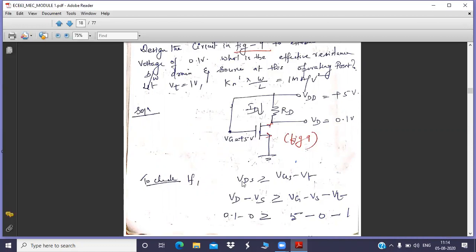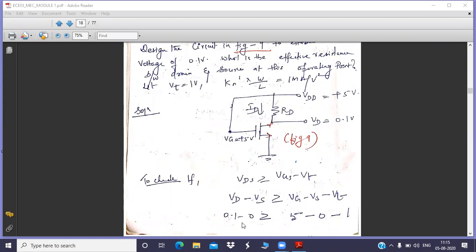From the circuit diagram, VD is 0.1 minus 0, because the source is directly grounded, greater than or equal to VG, which is 5, because VDD is the same as VG. 5 minus 0 minus VT, which is given in the question as 1 volt. 5 minus 1 is 4.